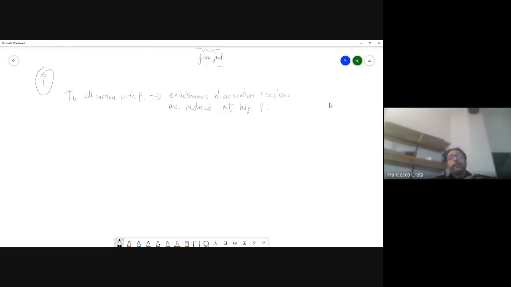So let me simplify things to the core. Suppose that we have as a fuel carbon monoxide. Now, carbon monoxide is not really a fuel. In fact, it is. It's part of what we call synthetic gas or syngas. CO still has to be oxidized to CO2, so you can consider this as being a fuel.